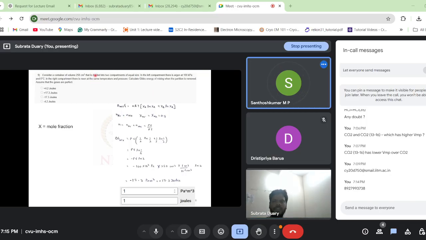Consider a container divided into two compartments of equal size. In the left compartment is argon and in the right compartment is neon. Calculate the free energy of mixing when the partition is removed, assuming the gases are perfect.